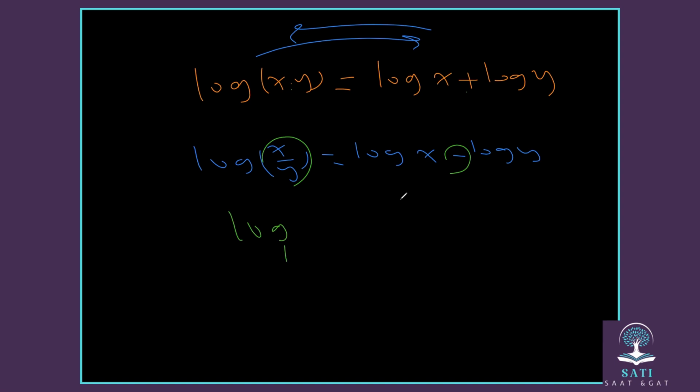Okay, if I have log base b of b power 3, whatever the base is, and I have the base power 3, the result will be the 3 itself. For example, log base 10 of 10 power 3. What will be the result? 10 power what gives me 10 power 3? Of course, it's 3.